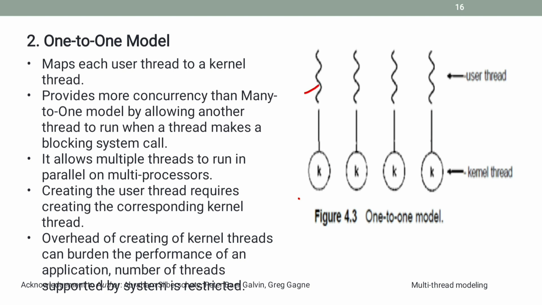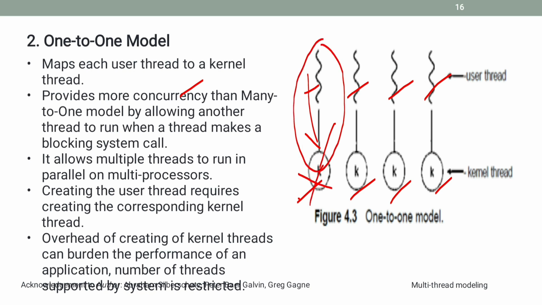So each user thread is mapped to one kernel thread. This provides concurrent operation in parallel. If any one thread makes a blocking system call to the kernel associated, only that is blocked. So only that part of the work is blocked, but the remaining kernels will continue the execution of the remaining threads.